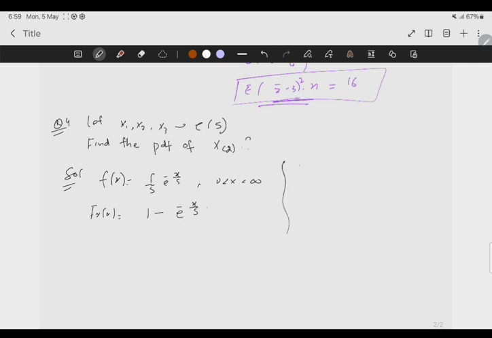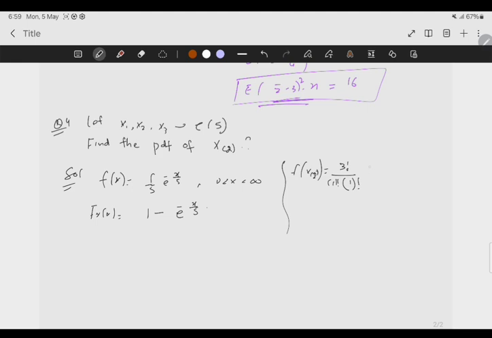Clear? So what is f of x2? What is n? n is the total number of observations, that is 3. So 3 factorial upon r minus 1 factorial, that's 2 minus 1 factorial, and n minus r factorial, that's 3 minus 2, 1 factorial.